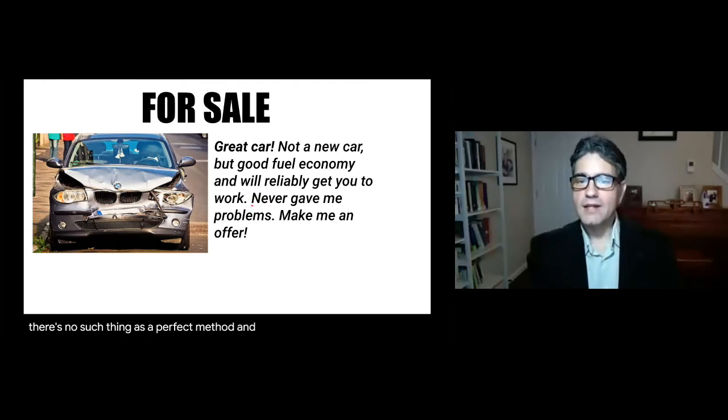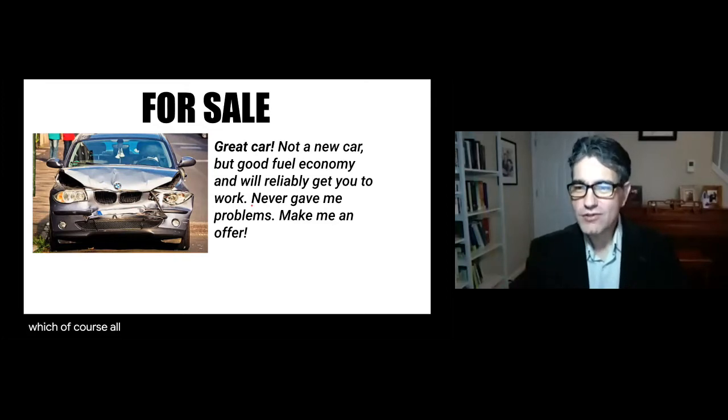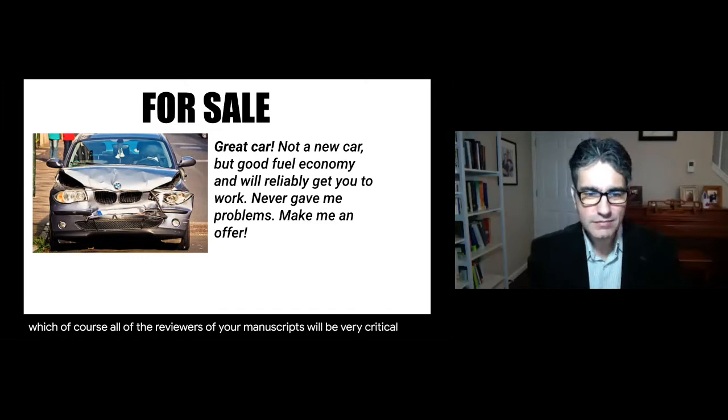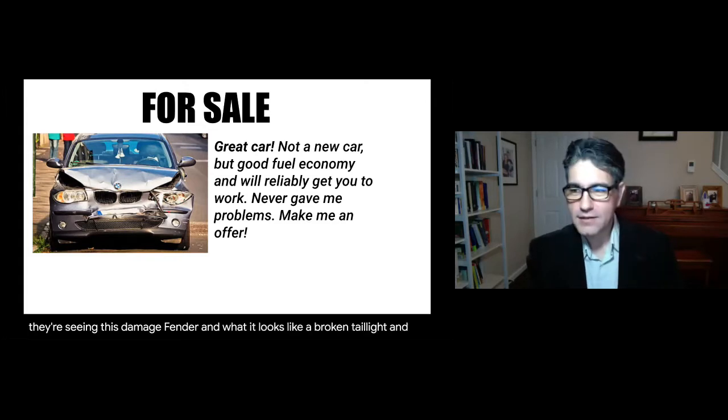And if you are a critical reader, which of course all of the reviewers of your manuscripts will be, when they're reading your manuscript, they're seeing this bent hood of the car. They're seeing this damaged fender and what looks like a broken taillight. And yet, it's not being mentioned here in the description of the car.